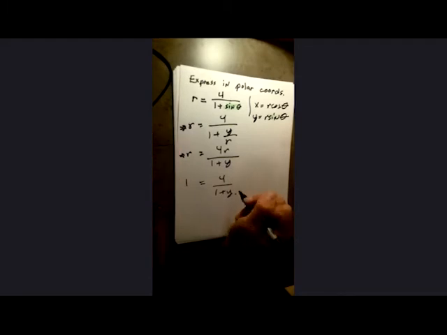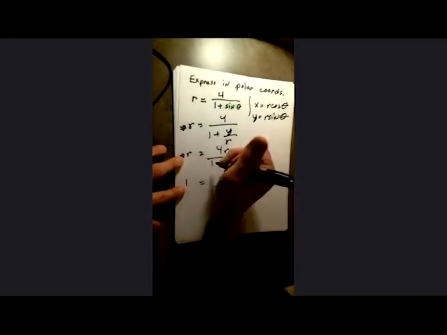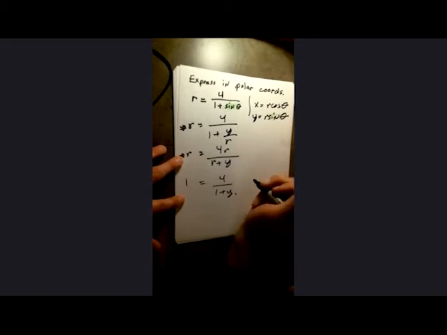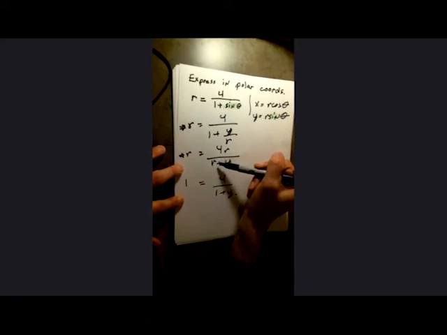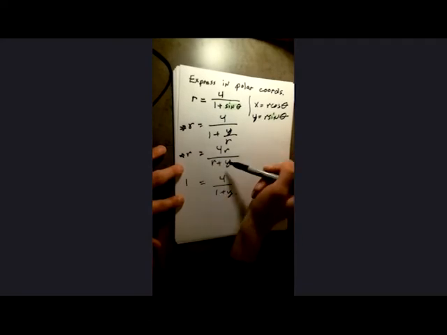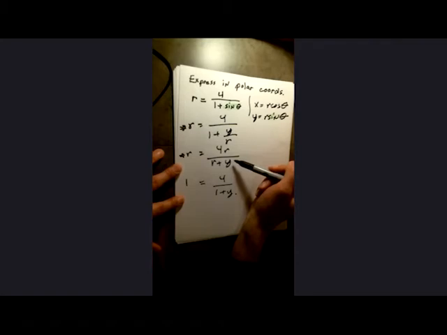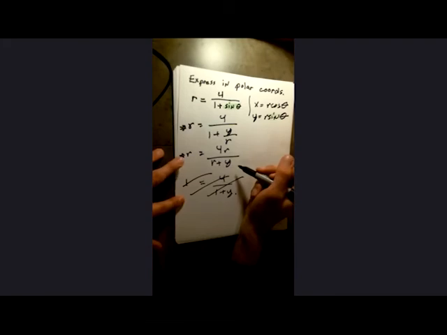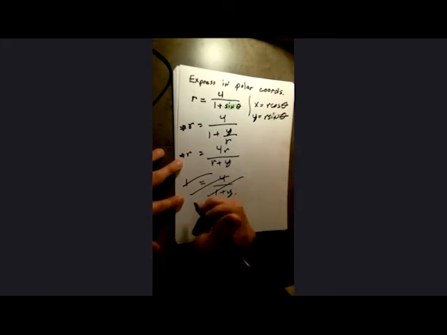I feel like I did something funny. Oh, I know what I did. Sorry, call me on it. What did I miss? I missed the r that's right here. So let me go there. So r plus 4r over r plus y, we could multiply both sides by r plus y to clear our denominator.